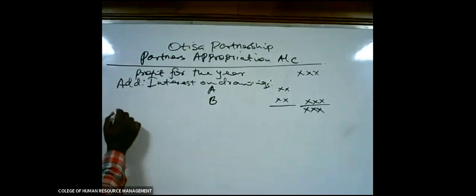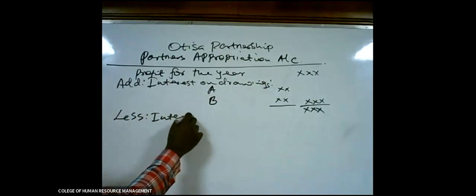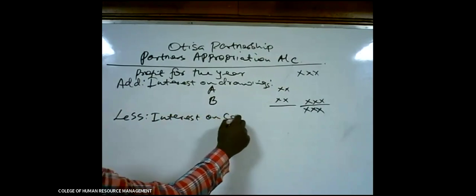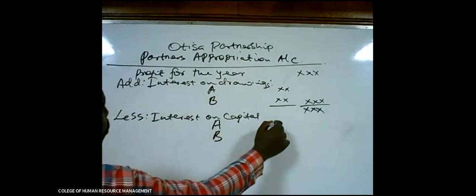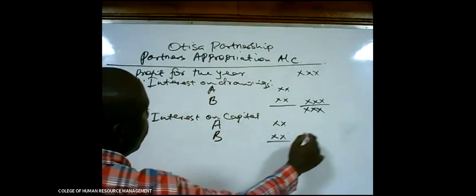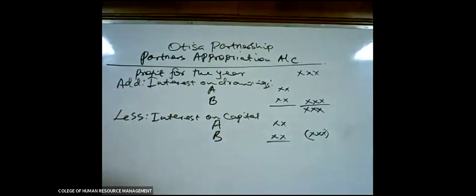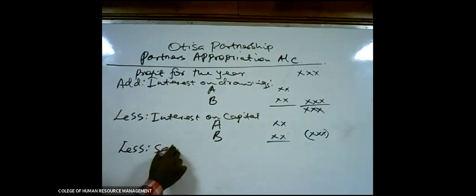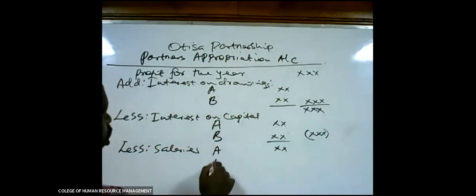One, you normally pay interest on capital. Part of it will go to the interest on capital. Part of it is going to go to the salaries. What A will get, what B will get.